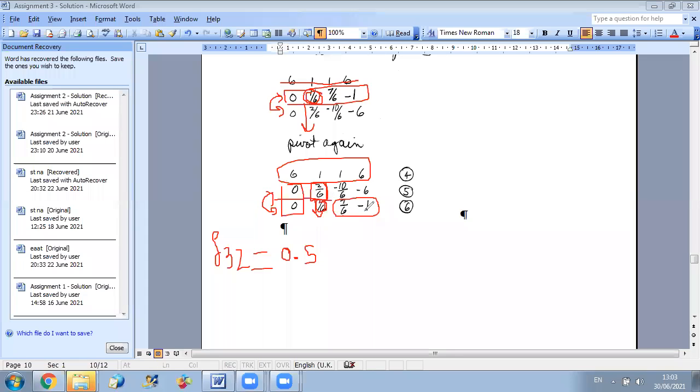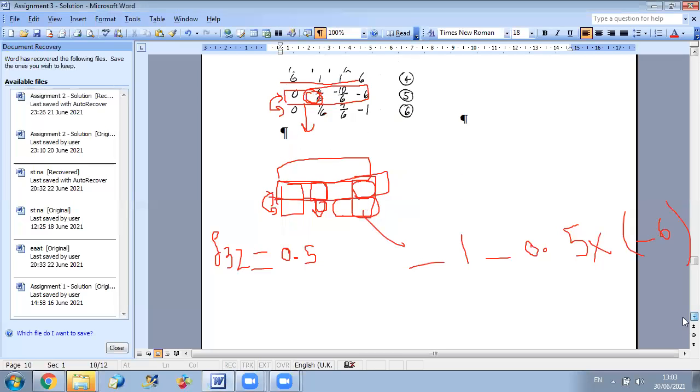And for example, this coefficient will become -1 minus 0.5 times, always remember, I take the element in the pivot equation in the same column of the element I want to substitute. So here I should use times -6. So times -6.